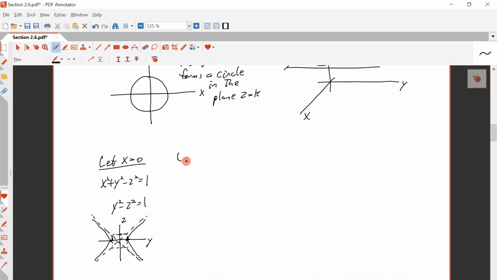Similarly, if we let y equal 0, then x squared plus y squared minus z squared equal to 1 becomes x squared minus z squared equals 1. Right, and then you have a similar picture.